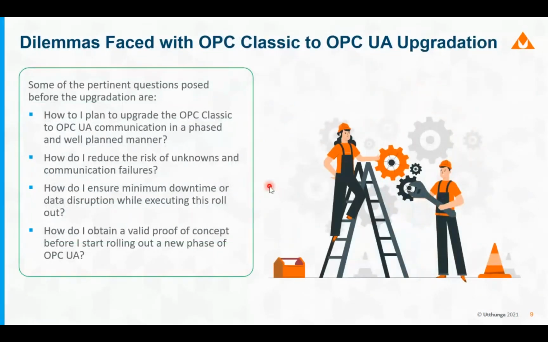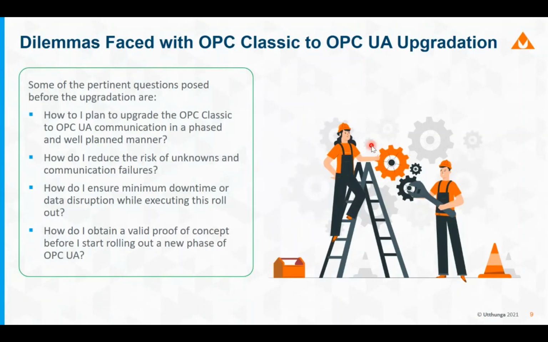But when you want to do that, so now we are pretty clear with this, that every client today knows that they do want to go from the classic client to the UA products, or UA clients, or classic server to UA servers. But how do we do it? Because all these products are running in a live plant. And anybody who's coming from industry knows that in a live plant, a downtime of maybe 2 hours, 3 hours, or a day can cost you thousands of dollars, hundreds of thousands of dollars, depending on what is running.